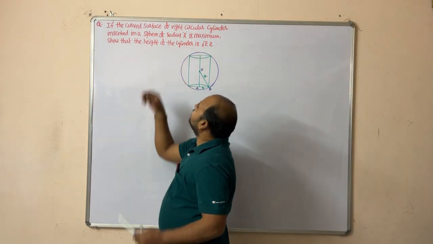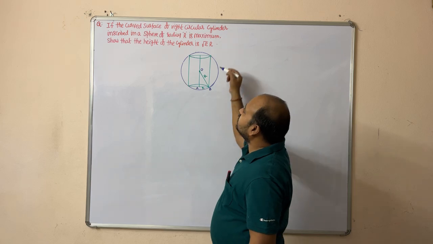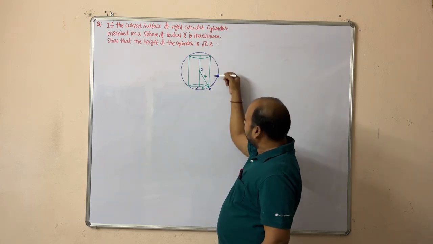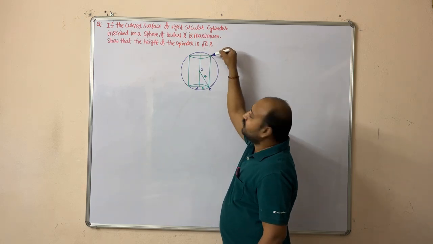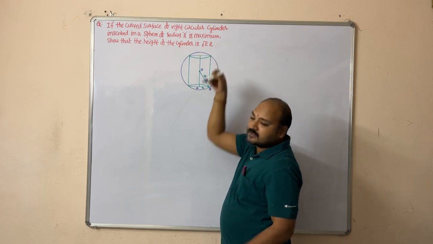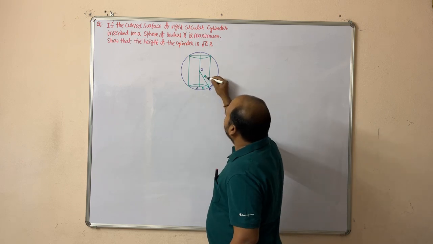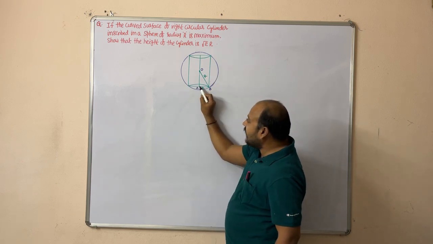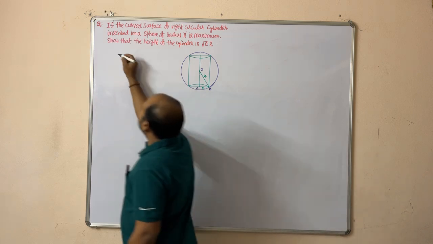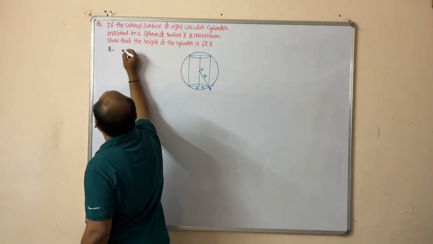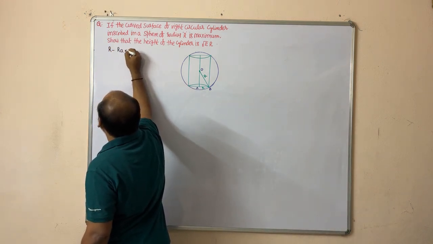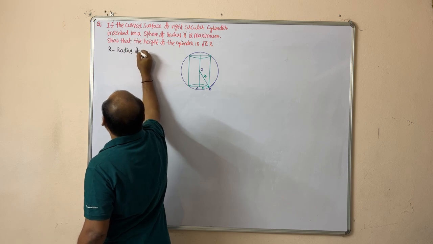If the curved surface area of a right circular cylinder which is inscribed in a sphere of radius capital R. So this is the sphere, and the cylinder is inscribed in this sphere of radius capital R. Small r is the base radius of the cylinder. Given that capital R is the radius of the sphere.